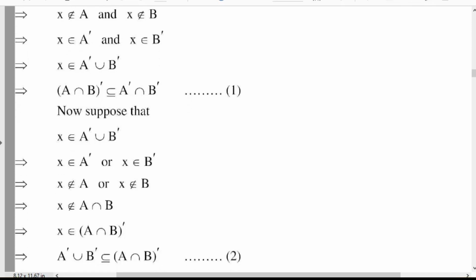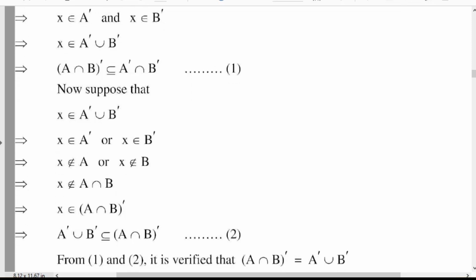So A complement union B complement is a subset of (A intersection B) whole complement, that is equation number 2. From equations 1 and 2 it is verified that (A intersection B) whole complement is equal to the complement of set A union the complement of set B, hence proved.